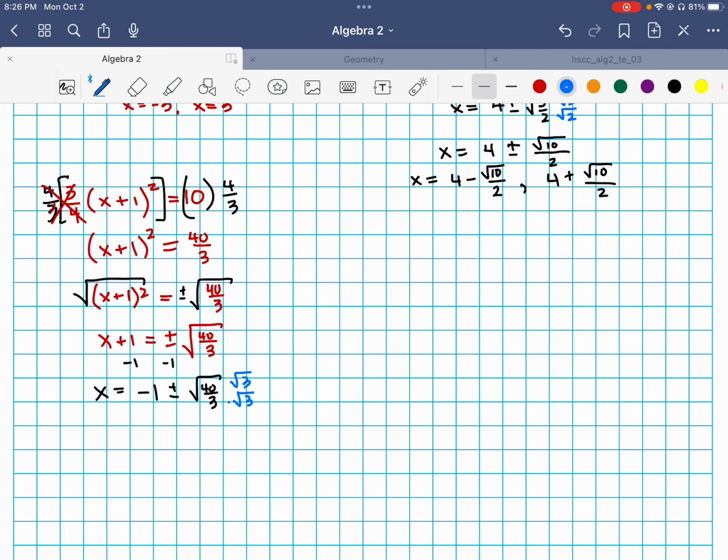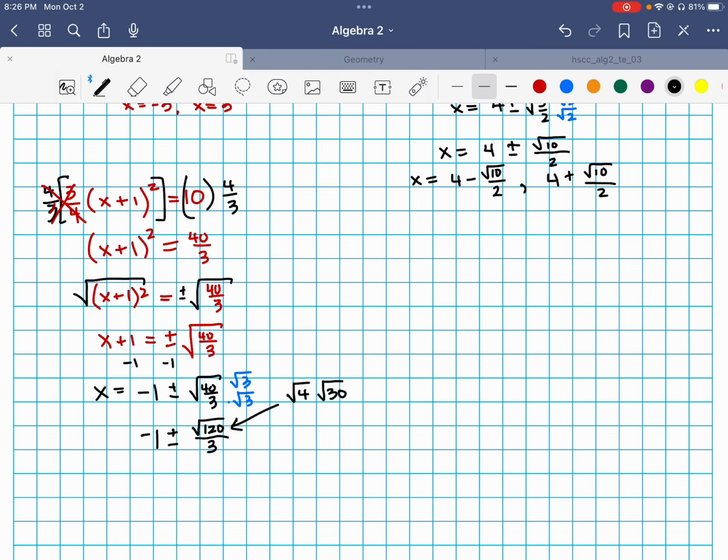This is going to give us negative 1 plus or minus the square root of 120 over the square root of 9. But since the square root of 9 is just 3, I'm going to write it as 3. Now 120 is 4 times 30, so I can simplify that. The square root of 120 is the square root of 4 times the square root of 30.